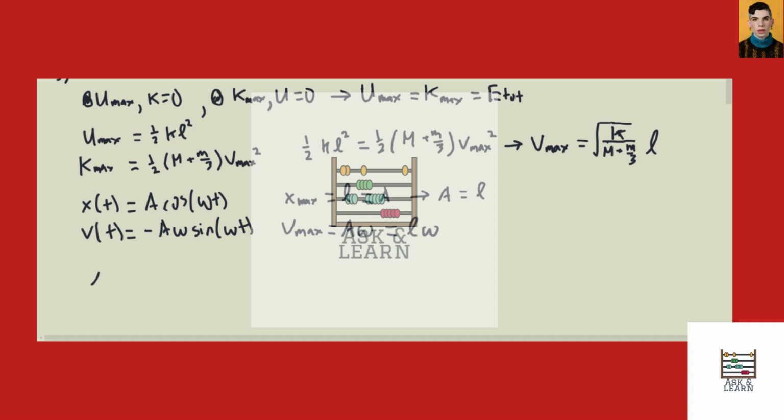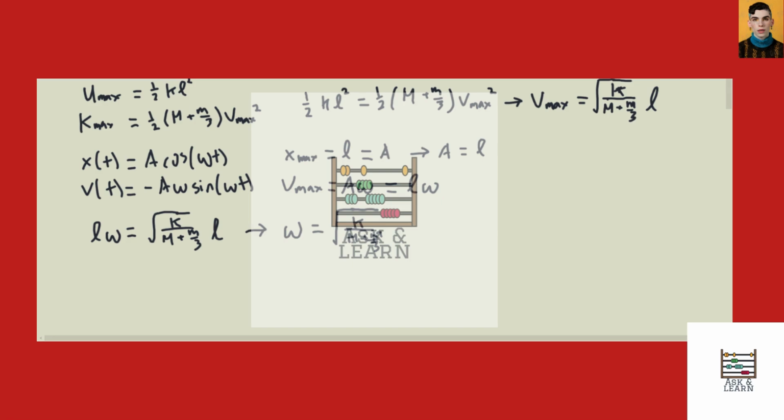So we have L omega equals the square root of K over M plus m over 3 times L, and cancel an L, and we've got an expression for our angular frequency omega. Omega equals the square root of k over big M plus little m over 3.